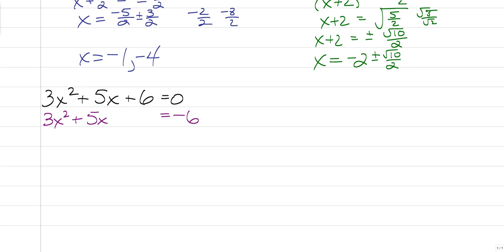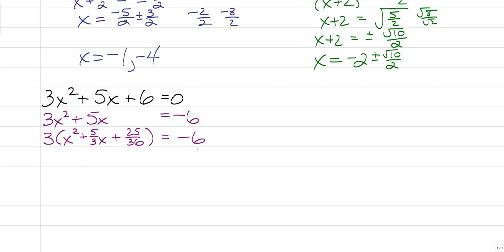Watch this next one. We have to factor out a 3, leaving us with x squared plus 5/3 x. And now we need to take half of 5/3, which would be 5/6, and square it. So 5/6 squared would be adding 25/36 to this side.